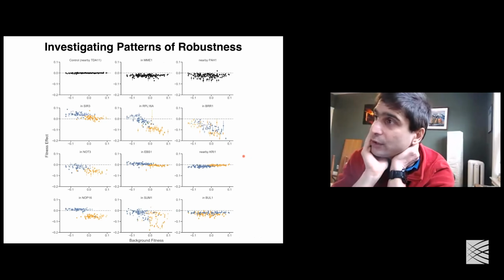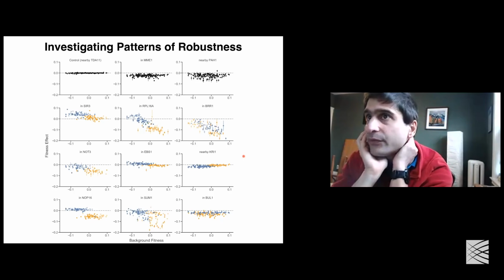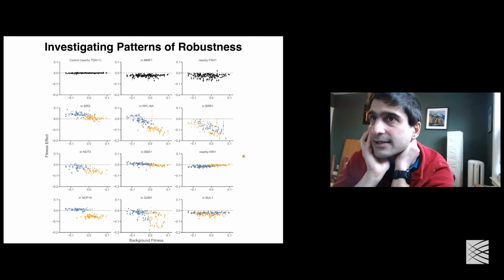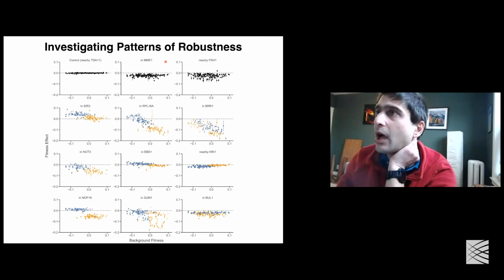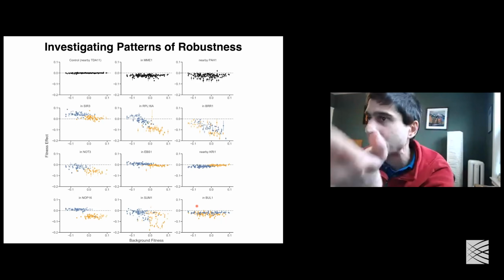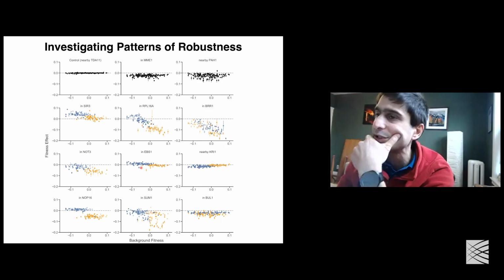And we look at the fitness effect of each of these mutations in each of these genetic backgrounds. What I'm showing in each of these plots is just an example of a dozen of these different insertion mutations that we constructed in each of these 175 backgrounds.